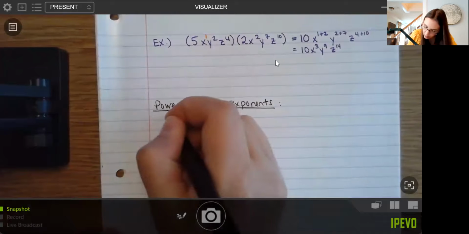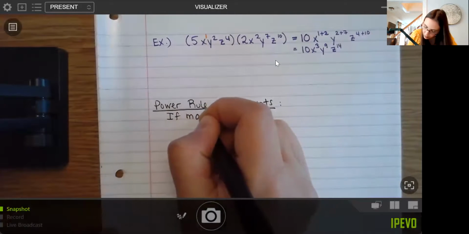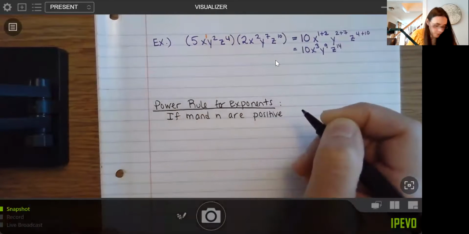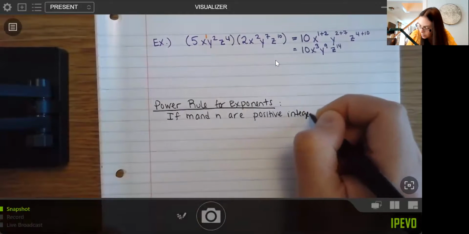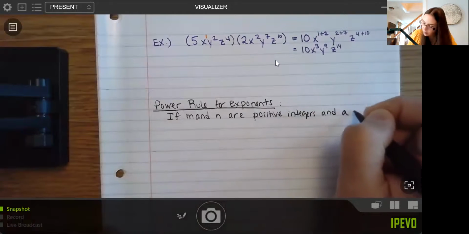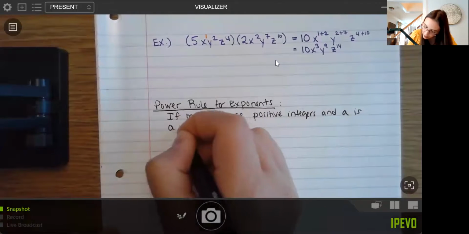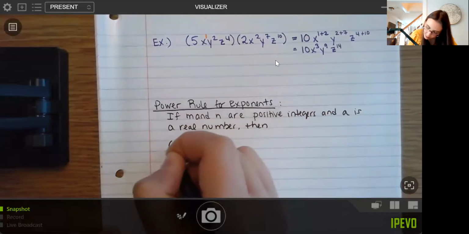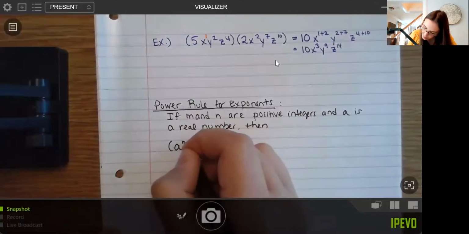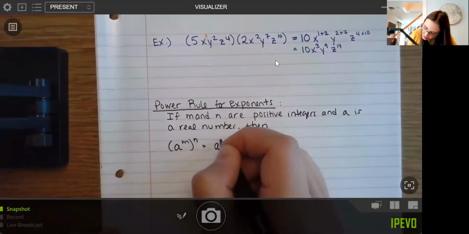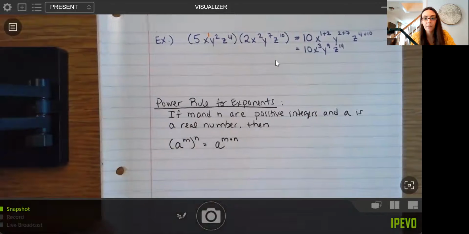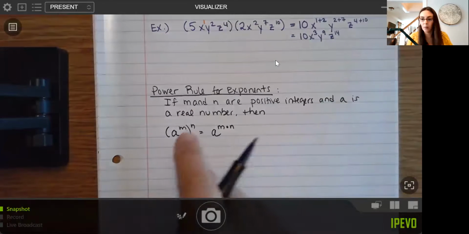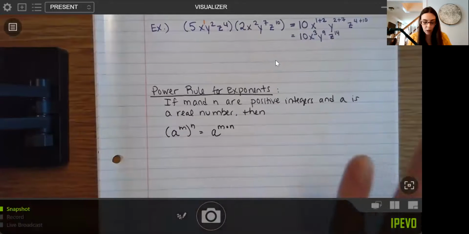Again, if m and n are positive integers and a is a real number, then a to the m to the n is the same thing as a to the m times n. So again, here I'm saying m and n are positive integers, but they really work for anything. Even if m and n were fractions or negative, this rule actually still holds.